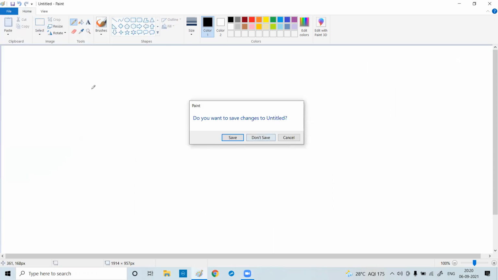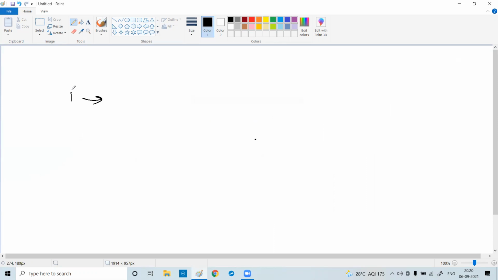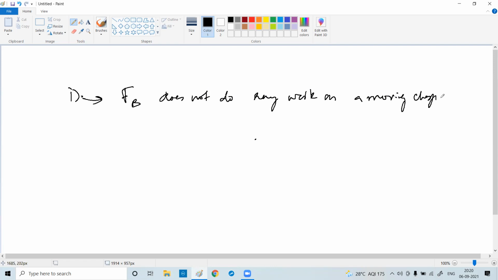There are three points we'll derive. First point, write down: F_B never does any work on a moving charge. Second, F_B can never affect the speed of the moving charge.